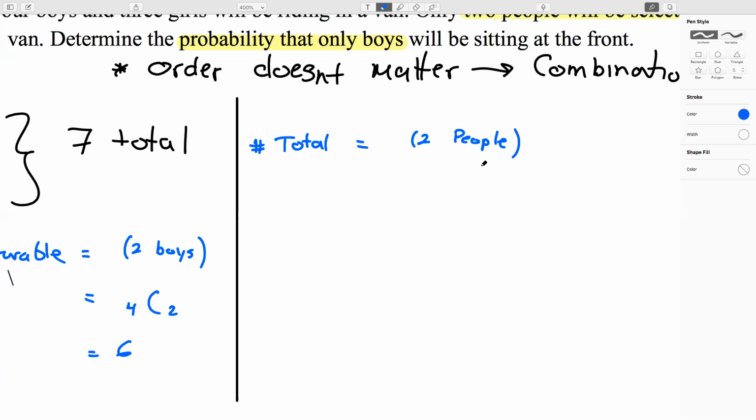So in this case, we have a population of 7 to pick from, not 4 anymore. We're still choosing 2, but we're choosing 2 out of 7 this time. So 7 choose 2 is 21. That means there's 21 ways to pick the people, and 6 of those ways would be with 2 boys.